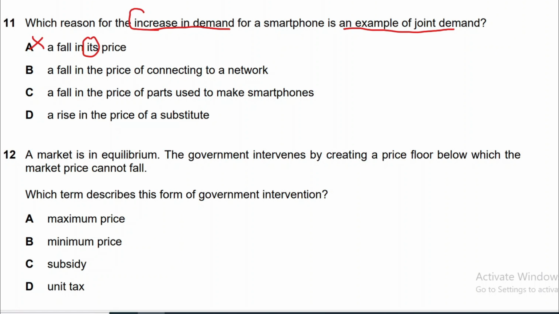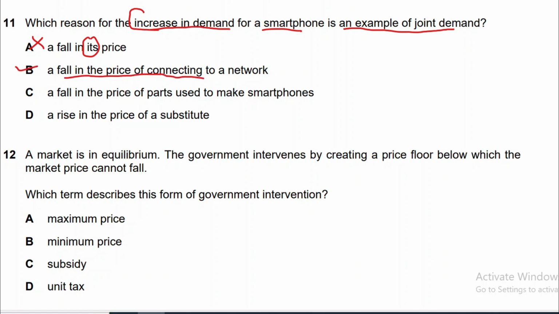A fall in price of connecting to a network. Network means different cellular companies, such as in Pakistan there is Jazz, Ufone, Telenor, Warid. These are telecommunication companies that provide networks. So increase in demand for smartphones may be because of a fall in price of connecting to a network.